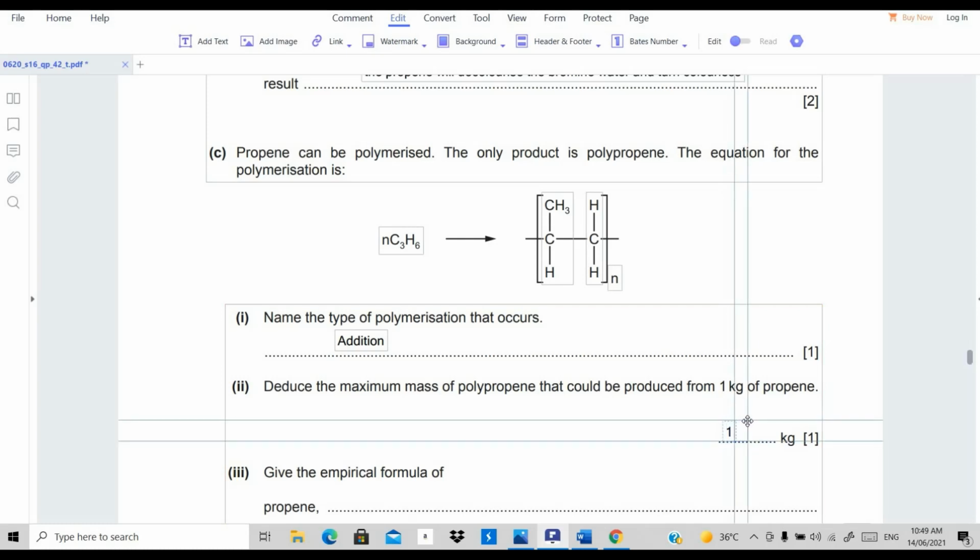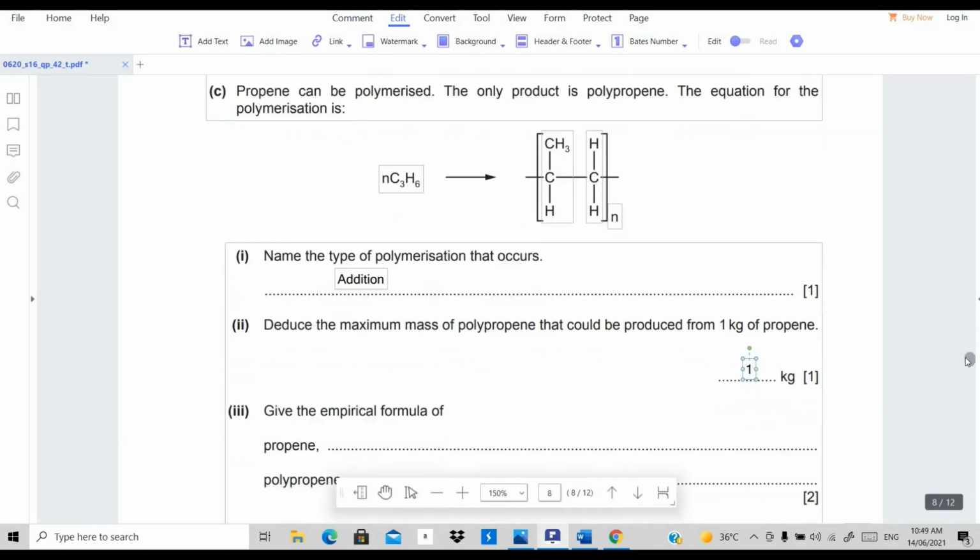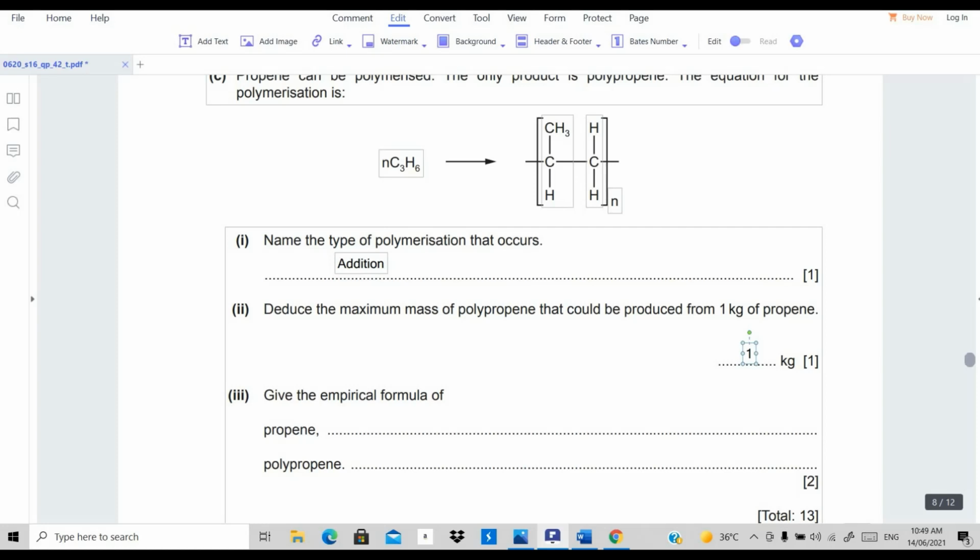Give the empirical formula of propene. What is the empirical formula of propene? You might be thinking that it doesn't have any mass, no volume. It's not about that. From the definition itself, you need to know what that is. It's the simplest whole number ratio. Now you can see here, this is the formula of propene, C3H6.